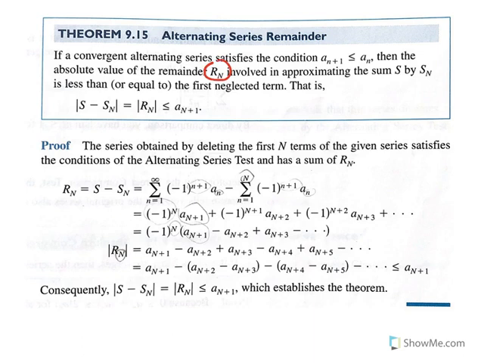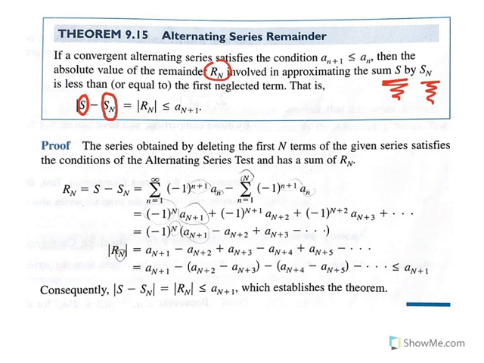The remainder r sub n involved in approximating the sum of the infinite series by an nth partial sum is the difference between the exact sum of the infinite series and our approximation for it, the nth partial sum.